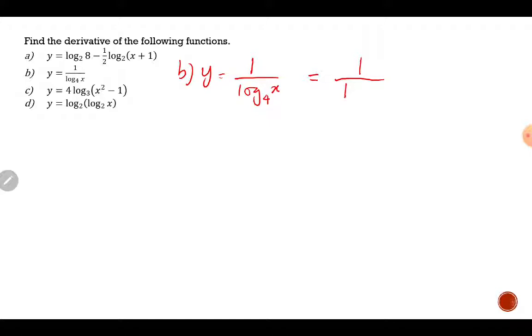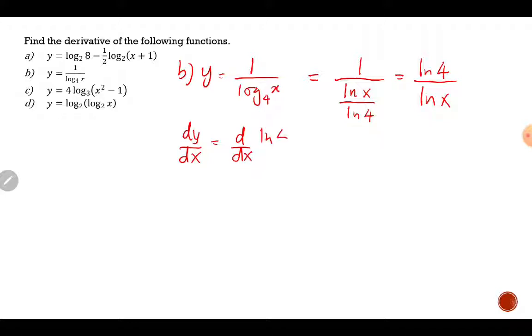So, log x base 4, dia akan jadi ln x over ln 4. Betul tak? Dan daripada ni, secara algebranya, ln 4 ni akan naik lompat ke atas lah, over ln x. So, in this case, maknanya dy dx kita is equals to d dx of ln 4 over ln x.